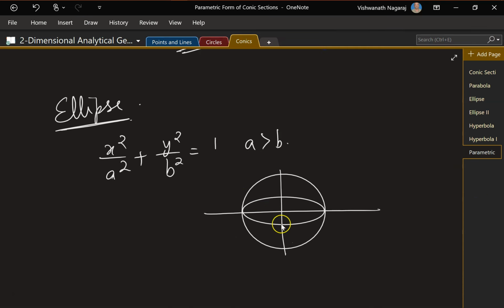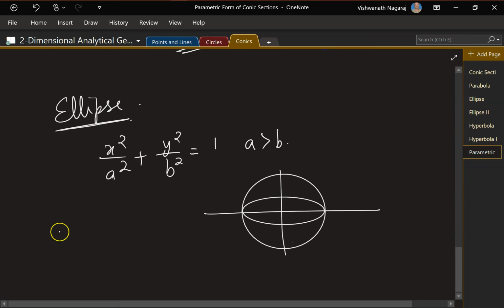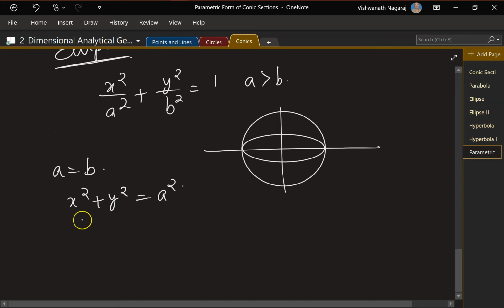So we have the ellipse and we draw a circle by making a equal to b. So the equation of the circle would be x square plus y square is equal to a square. Now how did that happen? Remember, we made a equal to b, so we can substitute b by a, and this is 1, so we take the LCM and take it to the other side.